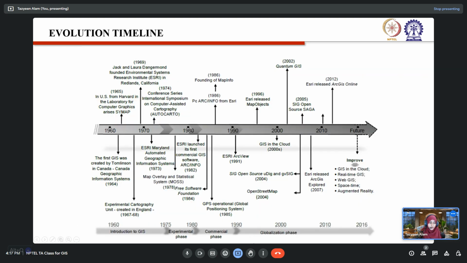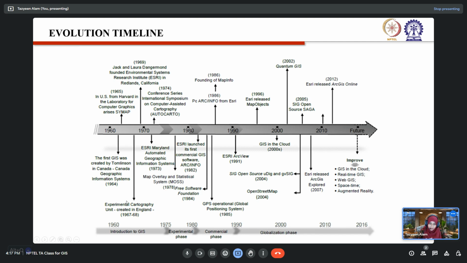I'm sure you've seen this timeline earlier also in Professor Bharat's presentation. This is the basic timeline which we have taken from ResearchGate, and here again we are trying to show how GIS was created by Tomlinson, and then it evolved, and how SA came into play.